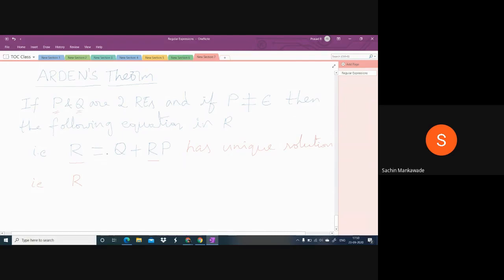If any equation in R is like this, R equal to Q plus RP, then the solution for R is R equal to Q followed by P star. This is the solution for this equation, if Q and P are given and P is anything other than epsilon, Q can be epsilon. Copy this one.